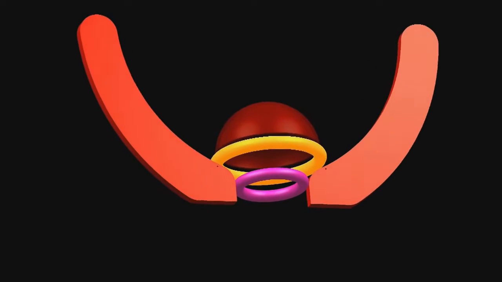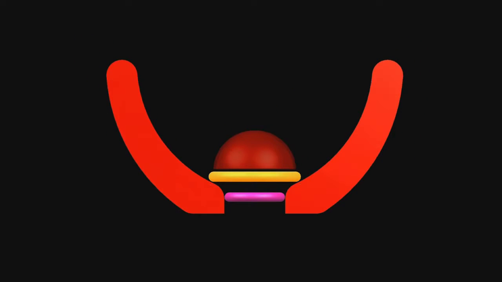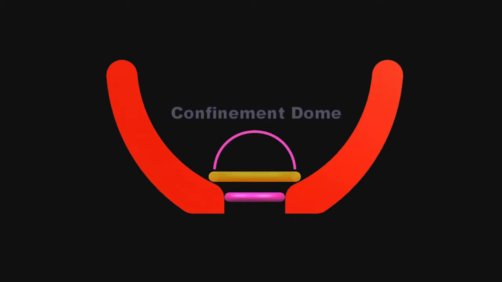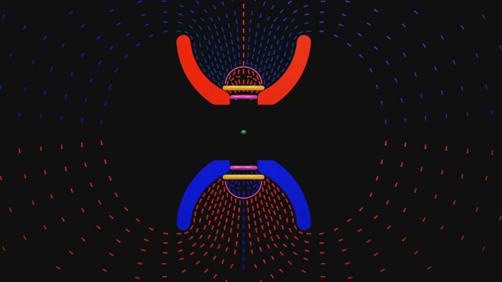So let's review the basic structure inside these bowl-shaped magnetic fields. The red bowl represents north magnetic orientation and the blue bowl represents south magnetic orientation.